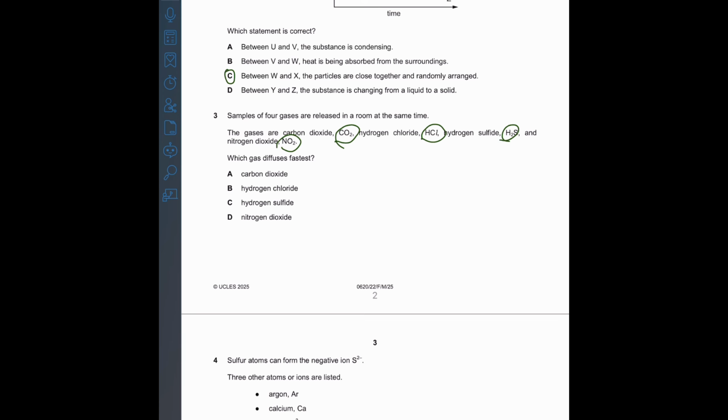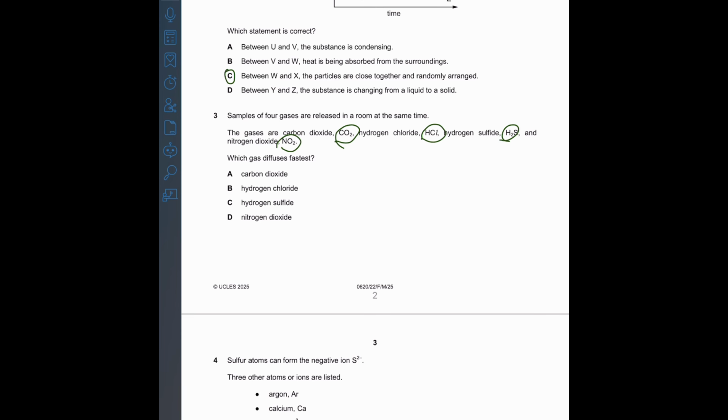So for these types of questions, diffusion is based on how much energy the molecules have, and also their mass. If the molecule is heavy, it will move slower, meaning it will diffuse slower. And we are told all of them are at the same time in the same room, so the temperature must be the same, the conditions are the same.